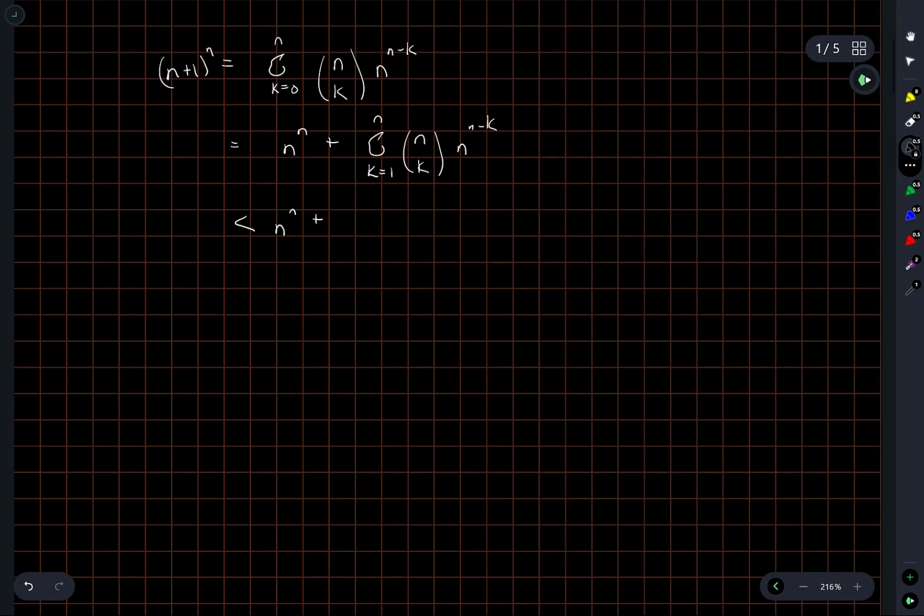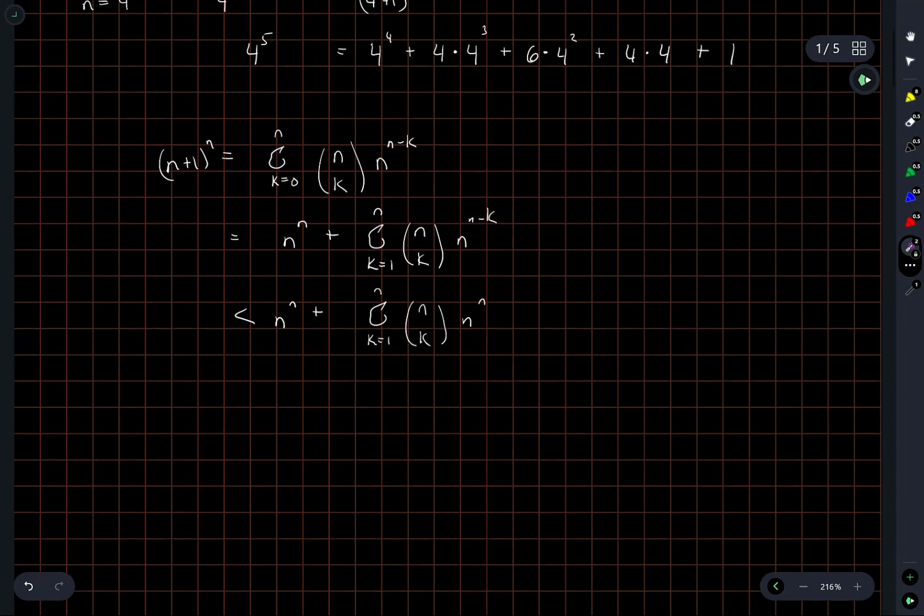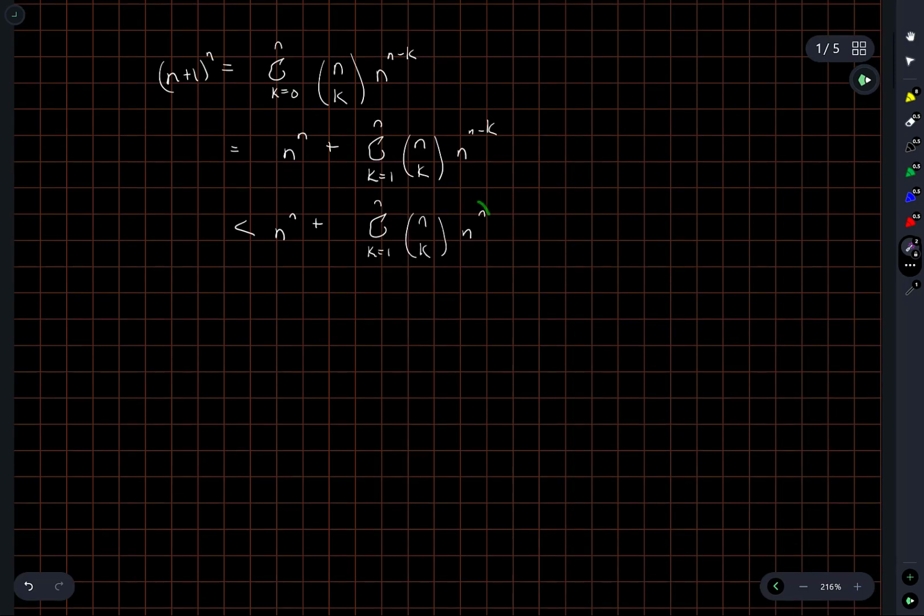So what I'm saying here is change every term in the sum so that I have n to the n, right? Each of these exponents is now larger. So I've increased everything in going from here to here.